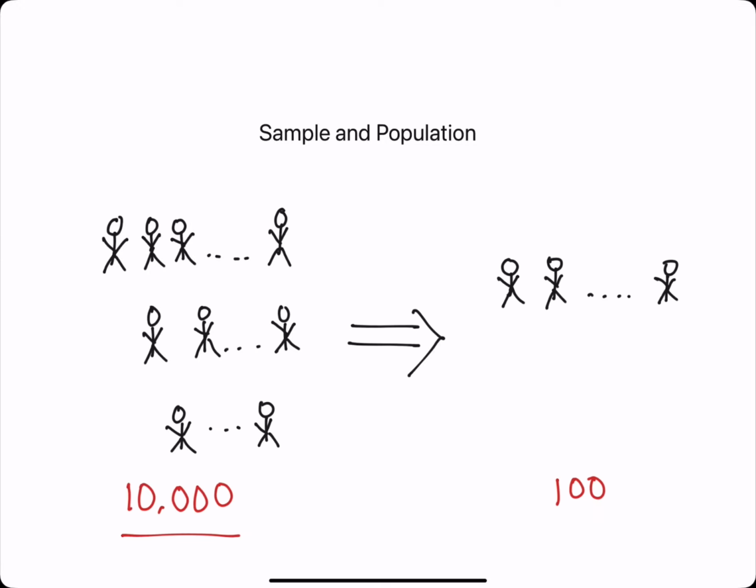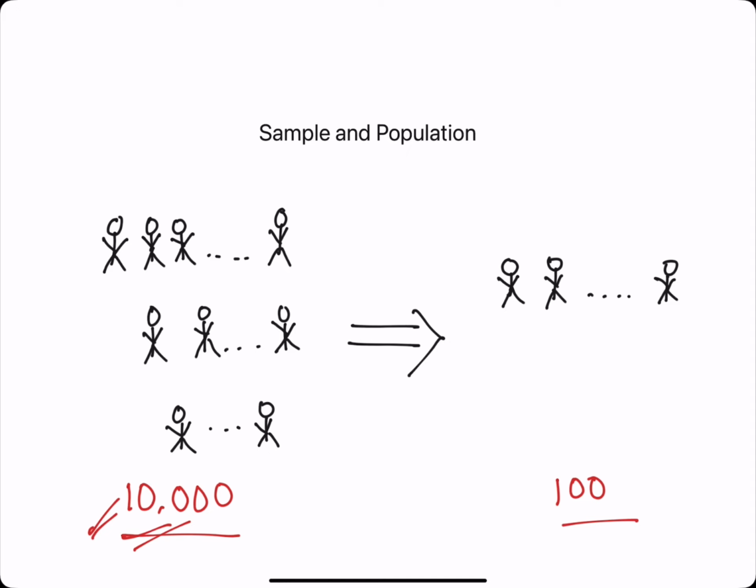So let's understand the concept of population and sampling. For example, suppose in a school there are 10,000 students and you want to find out the mean time taken for each student to reach school. It's unfeasible to ask all 10,000 students what time they reach school.